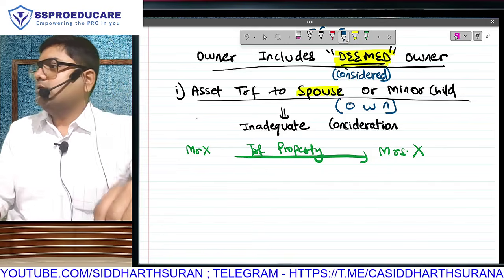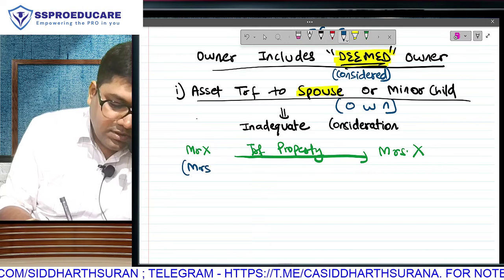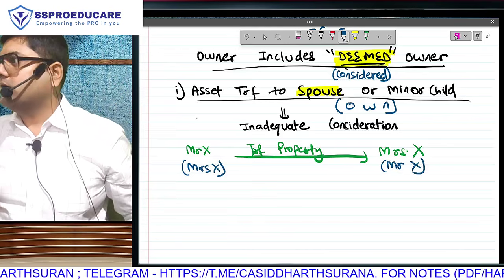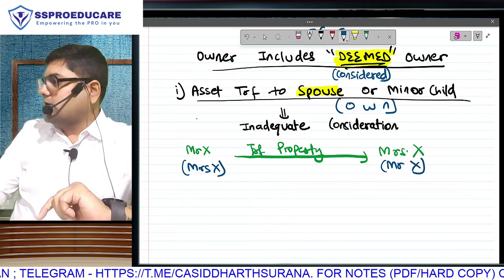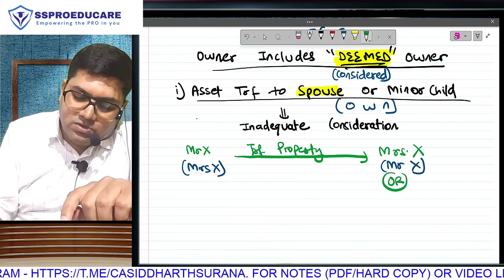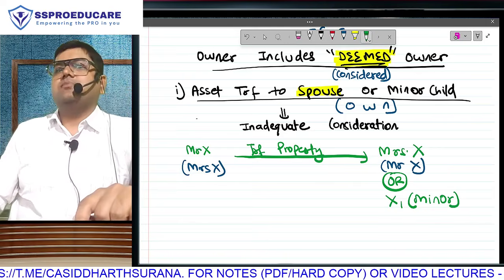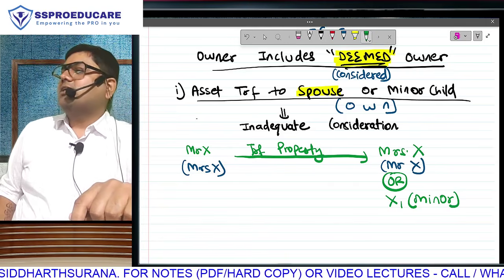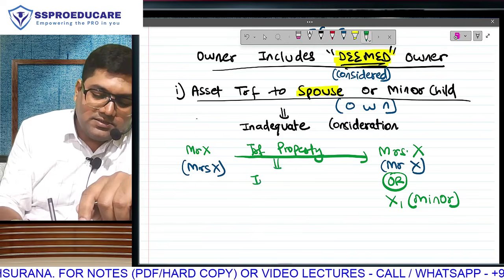Matlab, had it been the other way around, Mrs. X transferring to Mr. X, this point will still get triggered, because husband to wife or wife to husband, both the transactions are transfers to spouse. Or the transfer has been done to X1, who is a minor child of X and Mrs. X. Arre naam dena yaar, there is nothing funny. Transfer to spouse or minor child, and this transaction was done for an inadequate consideration.